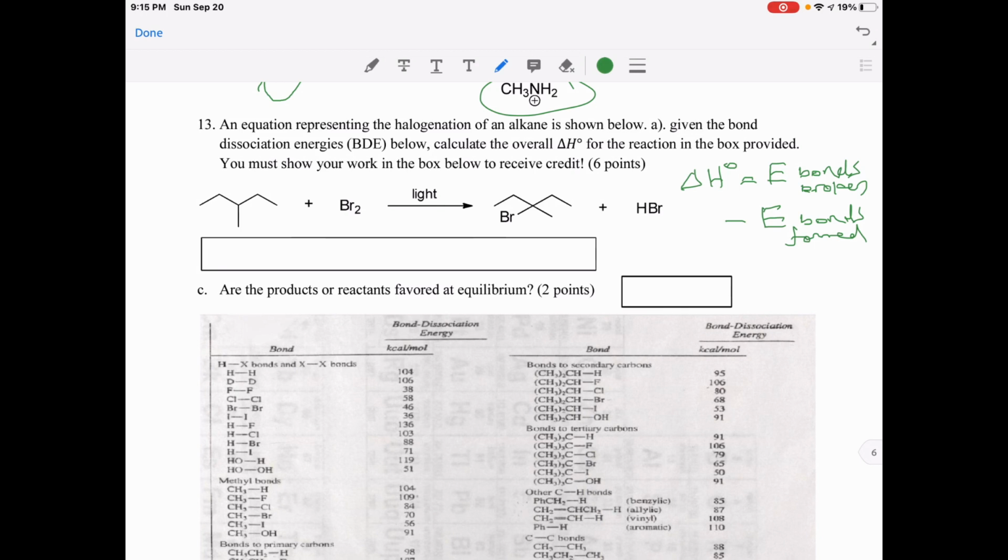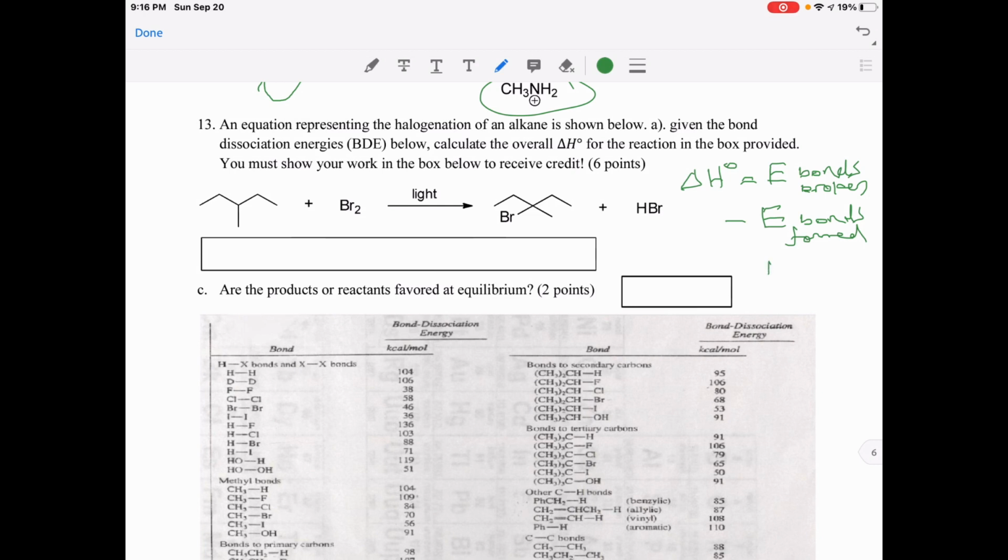We see that this diatomic bromine molecule is broken, and one bromine goes to this substrate and forms this compound. Another bromine reacts with the hydrogen to form HBr. So the first bond being broken is the Br2. So let me just list these out.